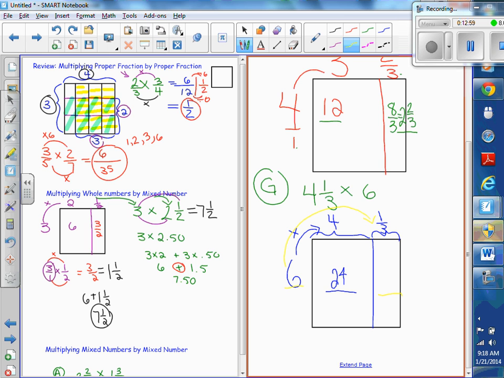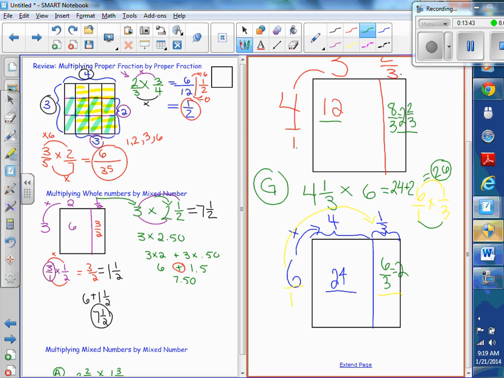You could just think of this as 6 over 1 times 1 over 3 and use the quick method. 6 times 1 is 6, so 6 over 3, and 6 over 3 is the same as 2. And did you notice there's blanks on letter G? So it's really the same as 24 plus 2. You see that? And that is equal to 26.